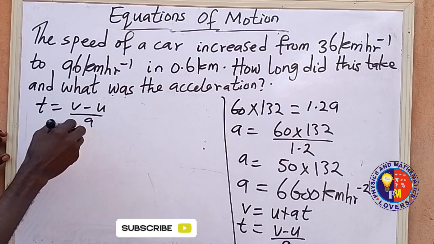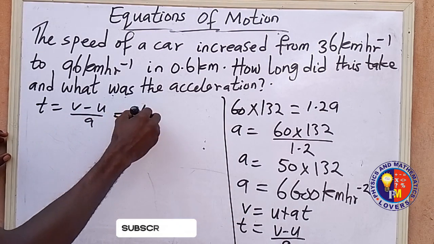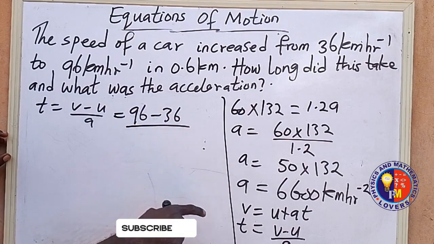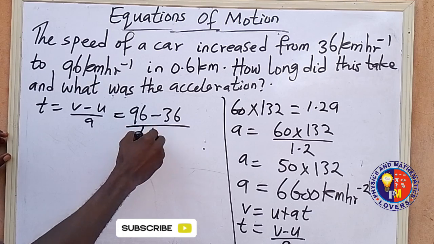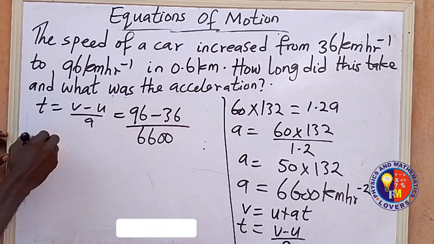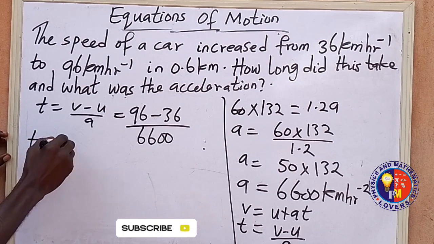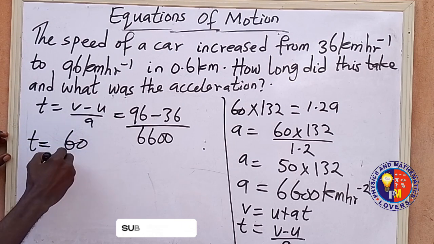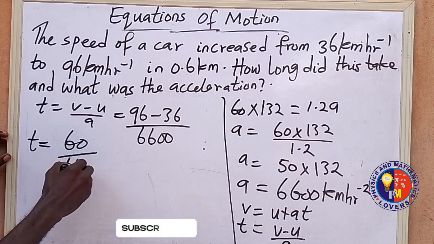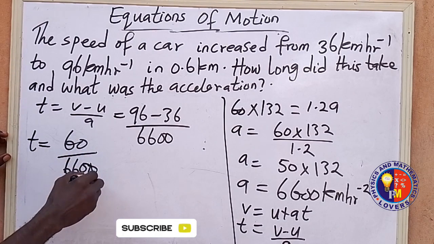So what is our v? Our v is 96. So 96 minus 36 all over what we calculated, which is 6,600. Subtracting this, I'm going to have your t equal to 60 all over 6,600. This 0 first of all takes care of this 0.